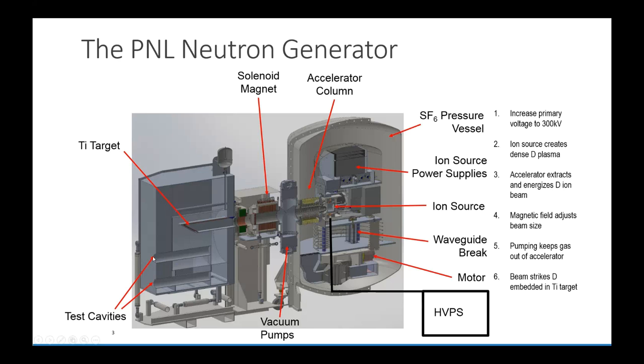Near the target, there's some test cavities, and at the target is where we make all of the neutrons. So there's about a dozen power supplies, all the way from the big guy that's 300 kilovolts down to smaller tens of kilovolts to single-digit kilovolts, all DC, for manipulating our ion beam to get it down to the target. And then we have some control algorithms.